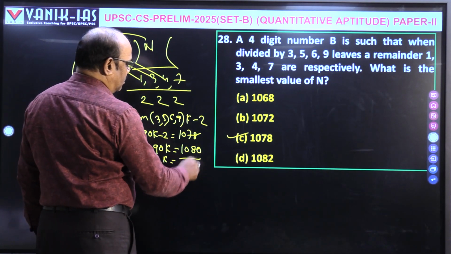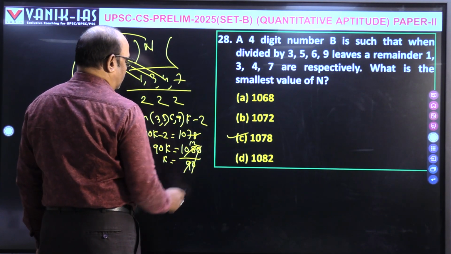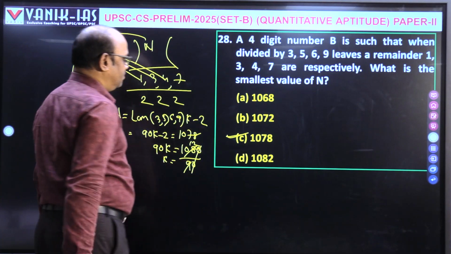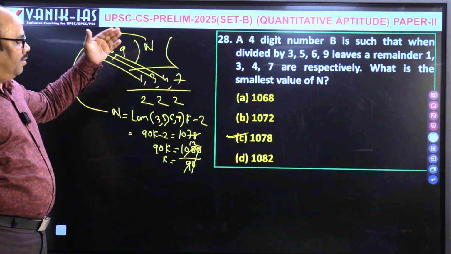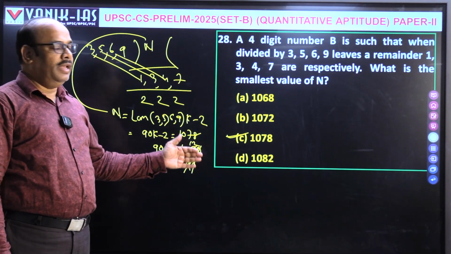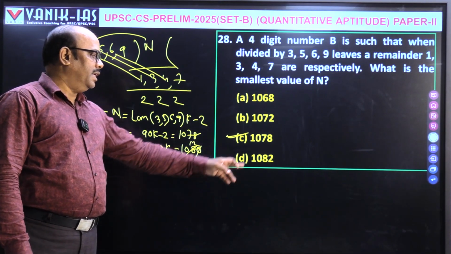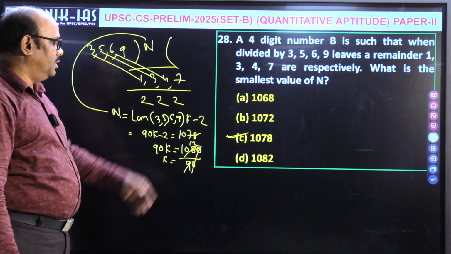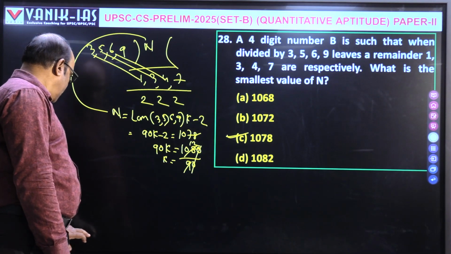That means the option is C. Otherwise you can find K normally by dividing, otherwise you go from the options. So after addition of 2 it should be divisible by 90. The option is coming C. Next question.